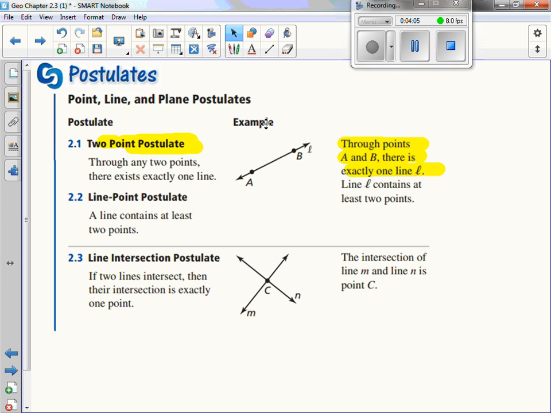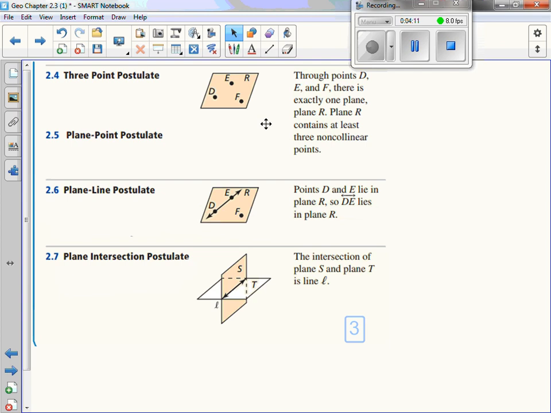You should read that. Now we have these here. 3 point postulate. Through any 3 non-collinear points, there exists one plane. Well, we did that, yes? Because when we talked about planes, we need 3 points that aren't on the same line to name a plane. So through any 3 points, there exists exactly one plane.